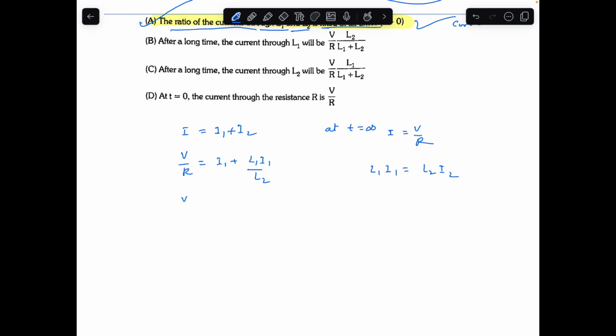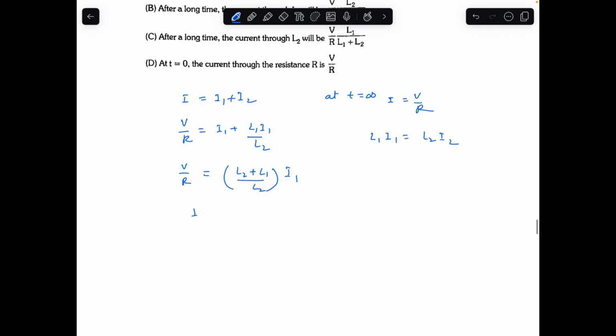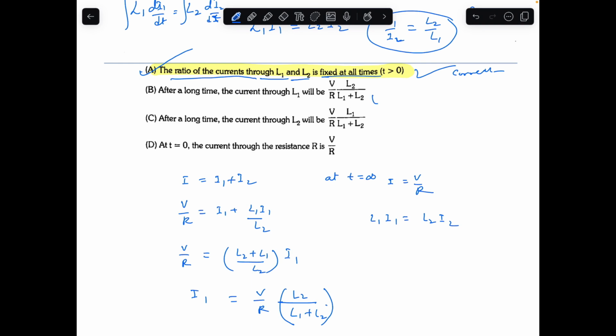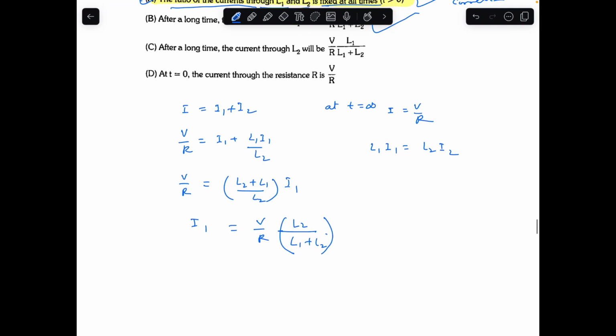So V by R equals L2 plus L1 by L2 times I1. So I1 you'll get as V by R times L2 by L1 plus L2. Check, V by R, yeah, correct. B is correct.